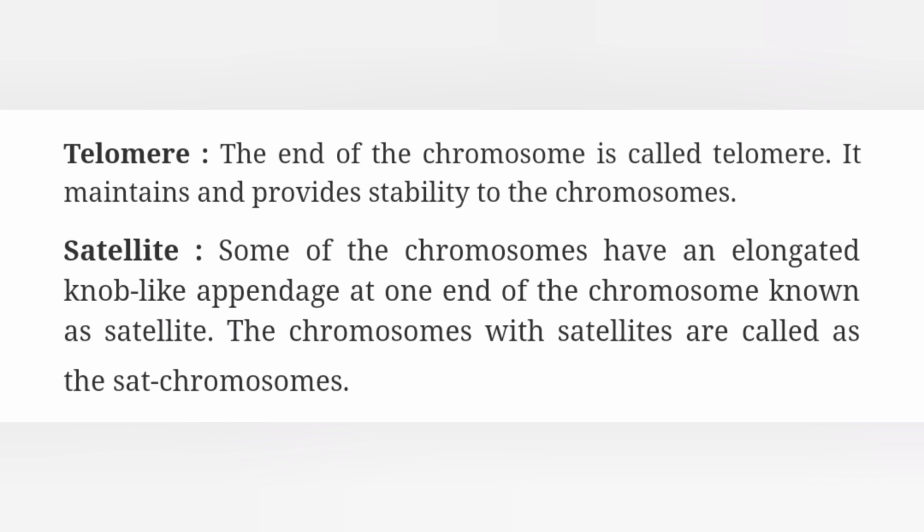The end of the chromosome is called the telomere. It maintains and provides stability to the chromosomes. Next one, satellite. Some of the chromosomes have an elongated knob-like appendage at one end of the chromosome known as satellite. The chromosomes with satellite are called SAT chromosomes.